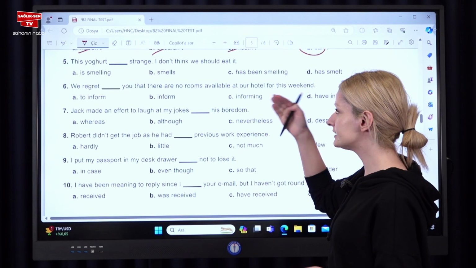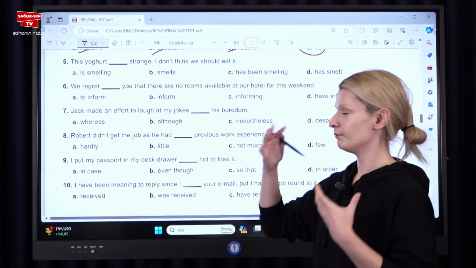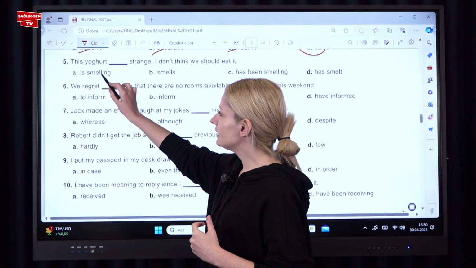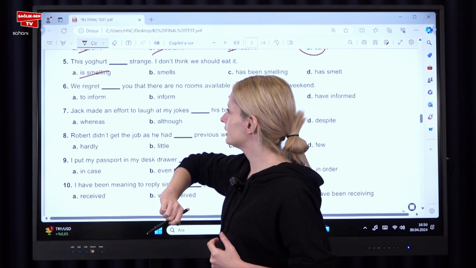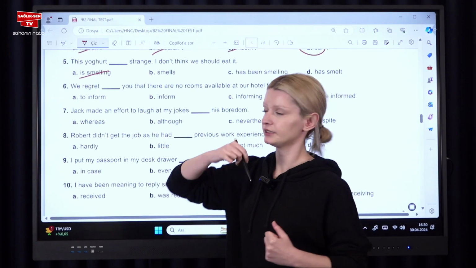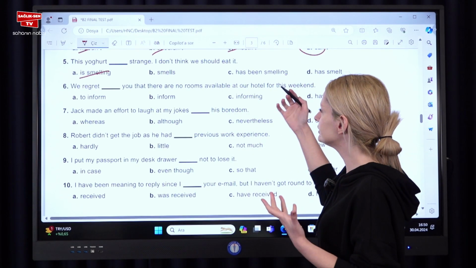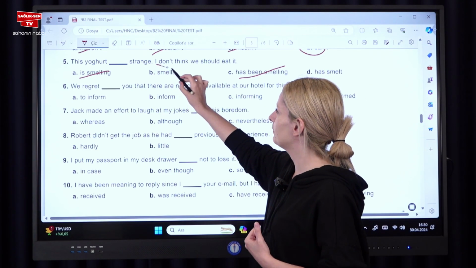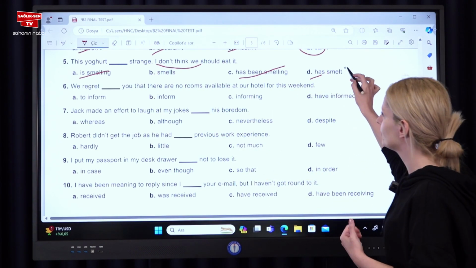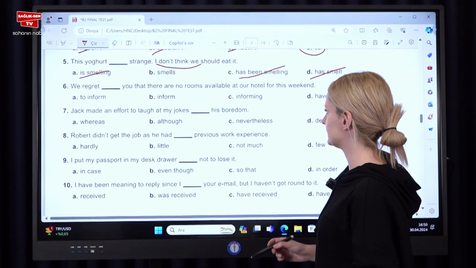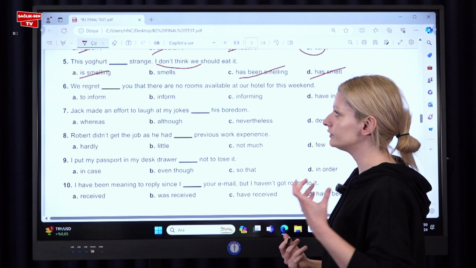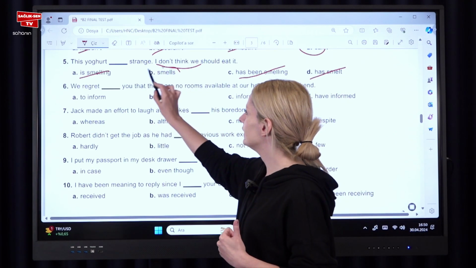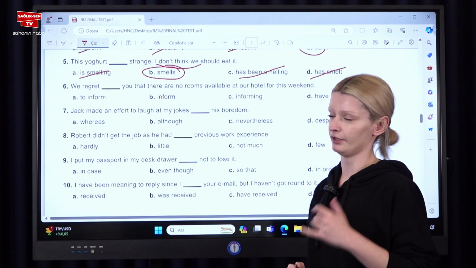So it must be smelling bad. We cannot use present progressive because this is a state verb. I don't have to use a present perfect progressive because it is happening right now. Also, again, it applies for our present perfect. So the only logical option is to use B.